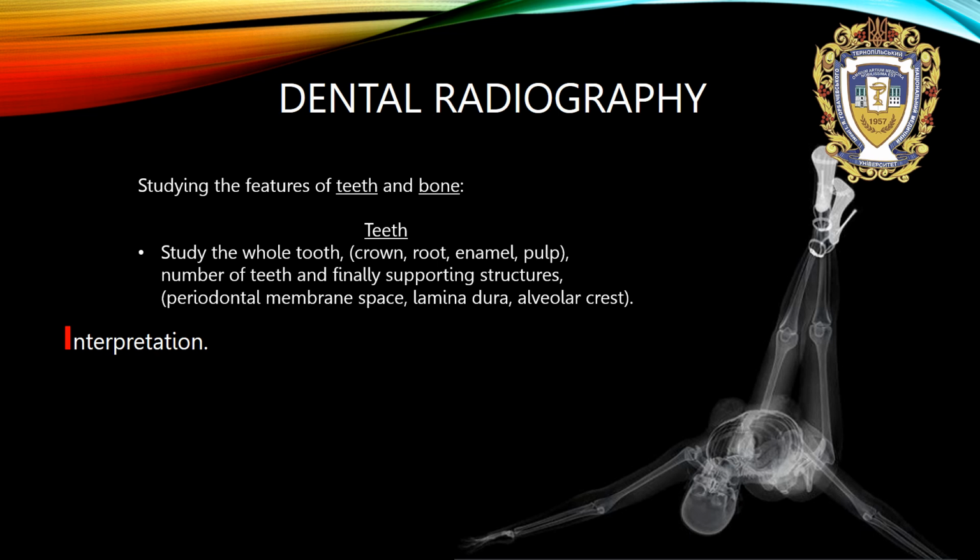Interpretation. Studying the features of the teeth and bone. Teeth: study the whole tooth, crown, root, enamel, pulp, number of teeth, and finally supporting structures. Periodontal membrane space, lamina dura, alveolar crest.